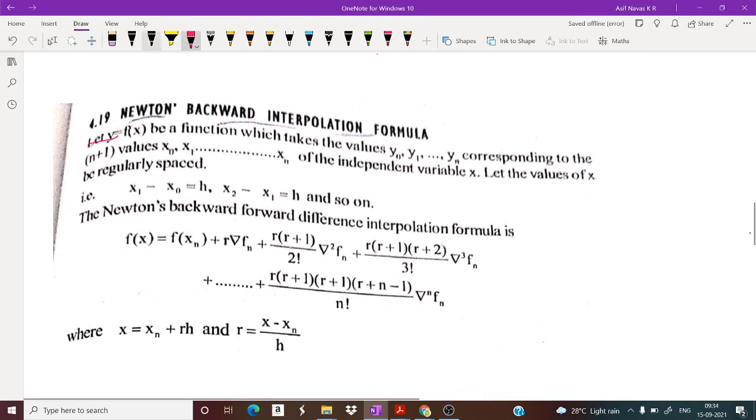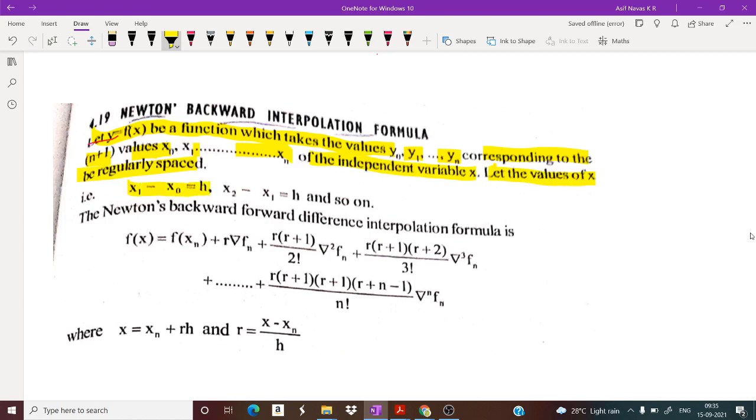Let f of x be a function which takes the values y0, y1, etc., yn corresponding to the n plus 1 values x0, x1, etc., xn of the independent variable x. Let the values of x be regularly spaced. This is important, regularly spaced.